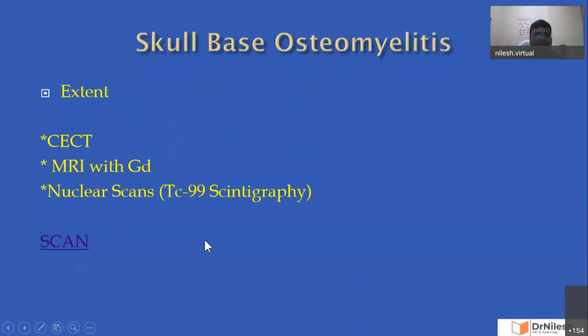And last, I'll take osteomyelitis skull base. So for skull base osteomyelitis, you can get a contrast enhanced CT scan done or MRI with gadolinium contrast or a nuclear scan like technetium 99 scintigraphy.